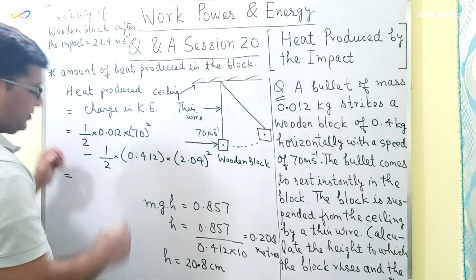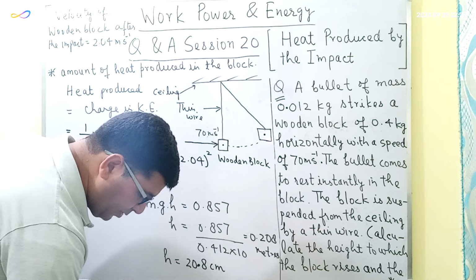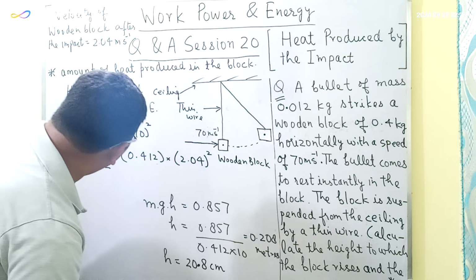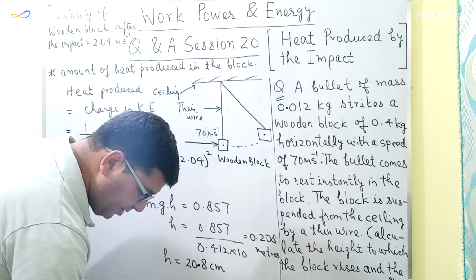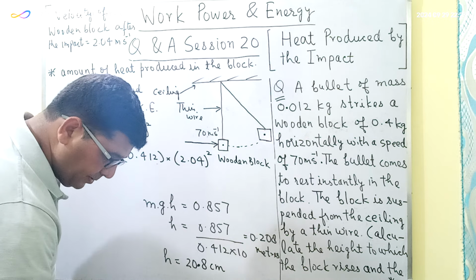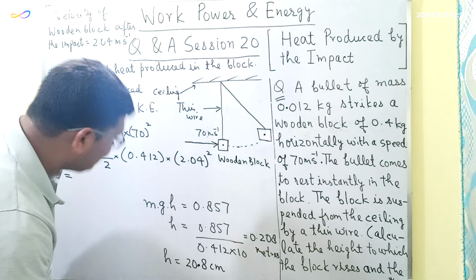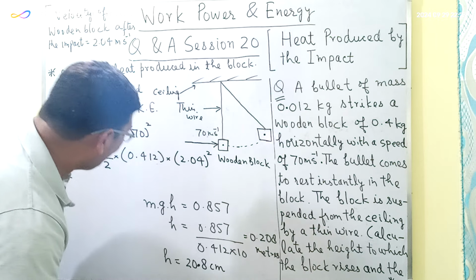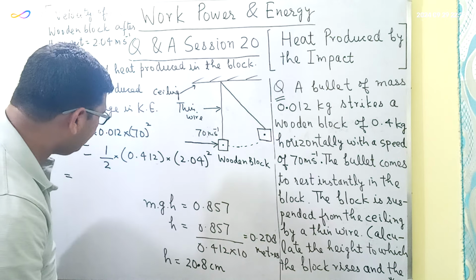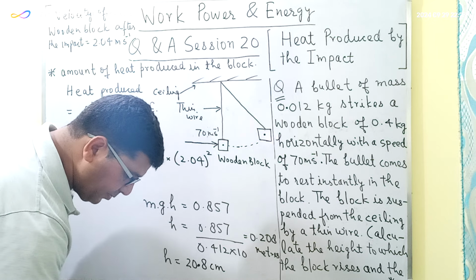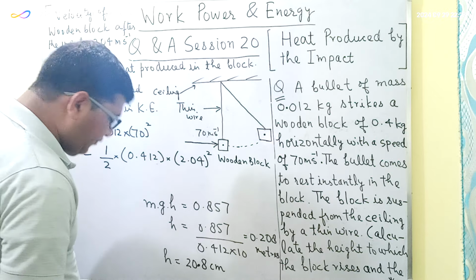So this will be equal to 70 whole square, which is 4900 into 0.012 divided by 2. Sorry, I'm making some mistake. The second term is 2.04 into 2.04 into 0.412 divided by 2, that is equal to 0.857.